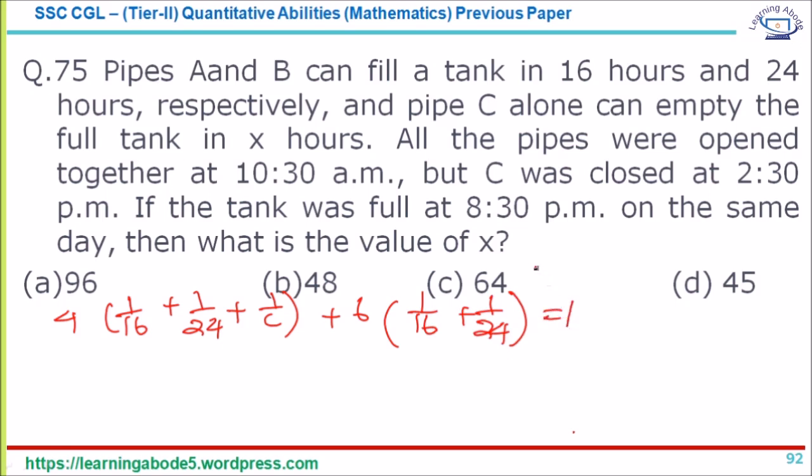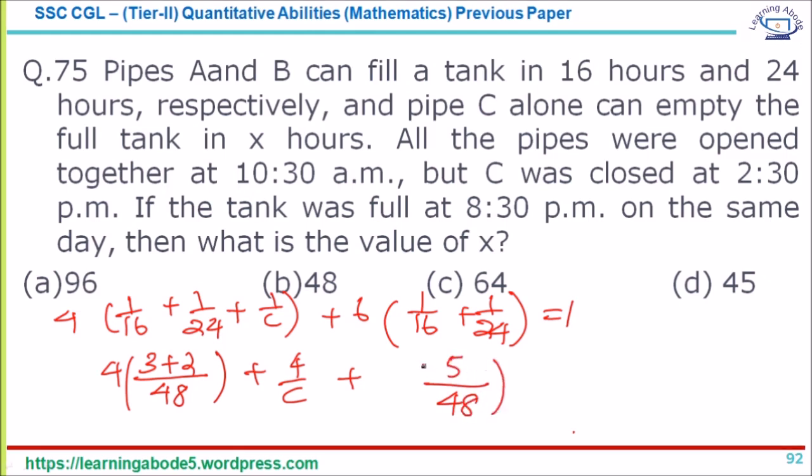So now since I am following the rate of work method, I can write the complete task as 1. Here my LCM is 48. So this is 3 and 2, so 5 times that, for 4 hours. Now this 4 by C, I'll just keep it separately, and here again LCM is 48, and that's like 5 by 48, and this 6 here. Since 48 is common in the denominator, I'll just keep it as it is for a moment.